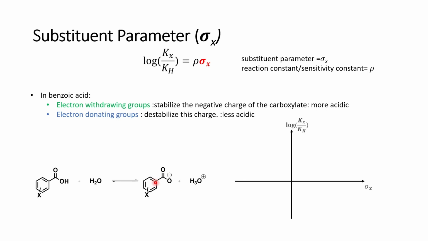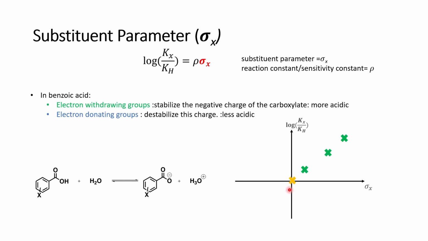So because of that, the forward reaction is very favorable. That means if you have an electron withdrawing group as the substituent, the forward reaction rate should be faster than the normal benzoic acid. So in that case, Kx should be higher than Kh. And if we plot that in this Hammett plot, we should get positive values for all the electron withdrawing substituents.